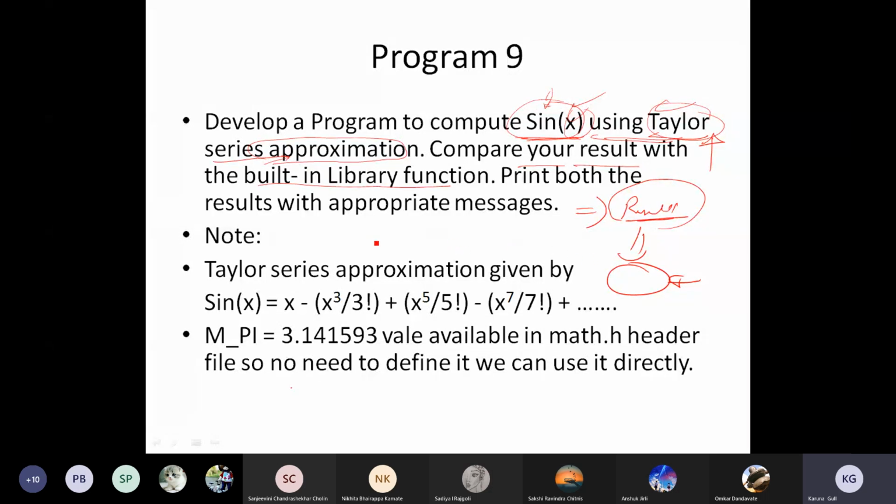What is the built-in function that is available in C for sine? What is the built-in function available to find the sine value of a given x?